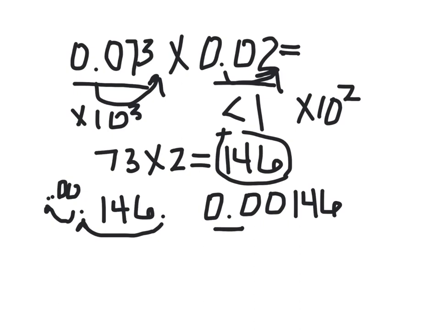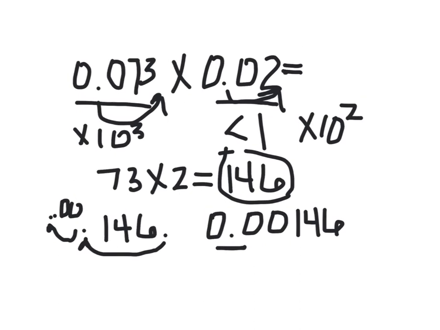That's this step right here, where we did 73 times 2 and got 146. Then we undo the multiplication by powers of 10. So we divide the product by both powers of 10, or shift the decimal point to the left by the total number of places it shifted when changing the factors to whole numbers.